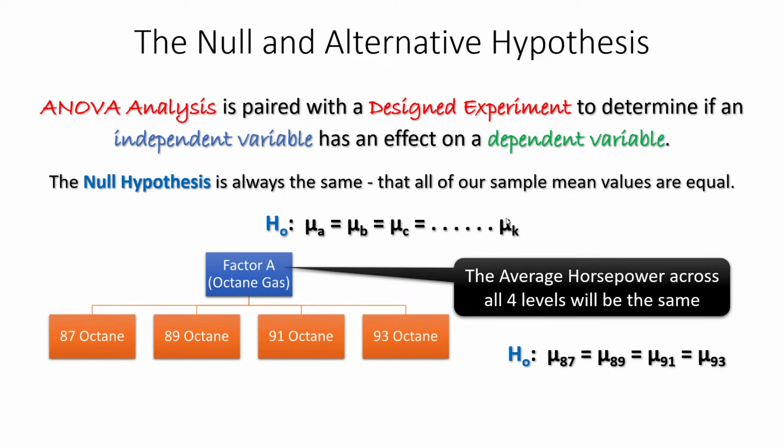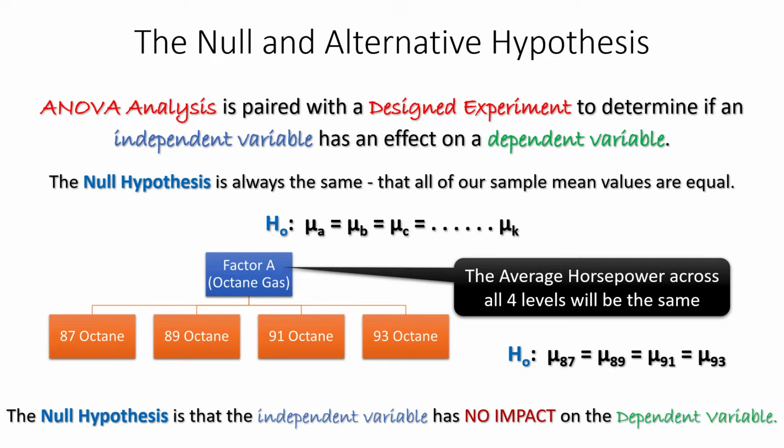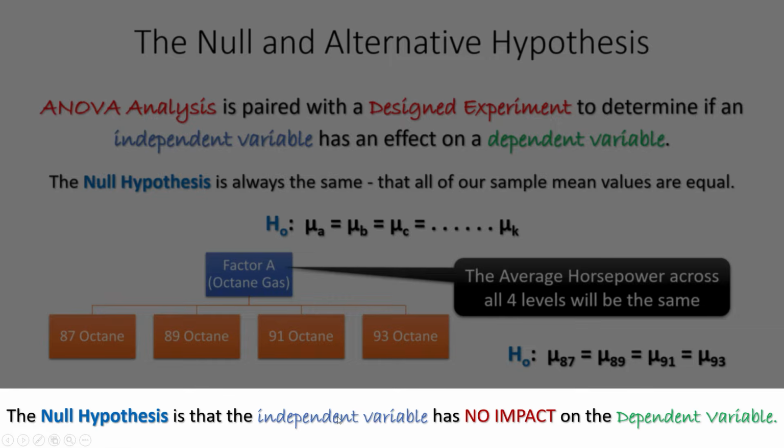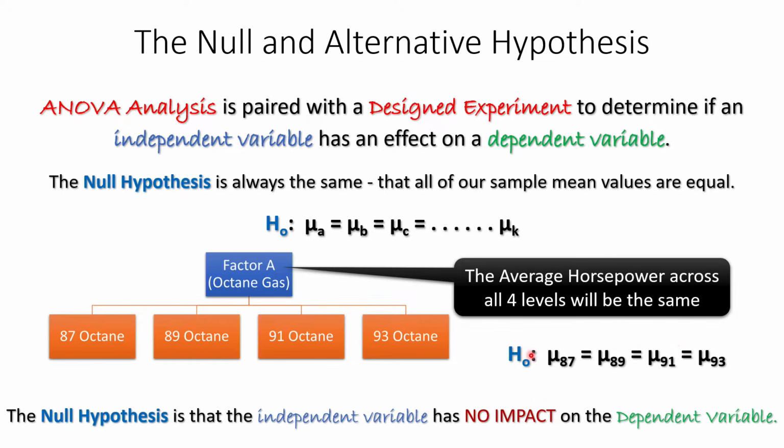And of course, we can kind of rephrase that in terms of the actual DOE that we're performing. The null hypothesis in ANOVA is that your independent variable, the factor that you're studying, has no impact on the dependent variable, right? All of these mean values will be the same, and the only way that'll be true is if changing the octane gas has no effect on horsepower, okay? That's the null hypothesis.